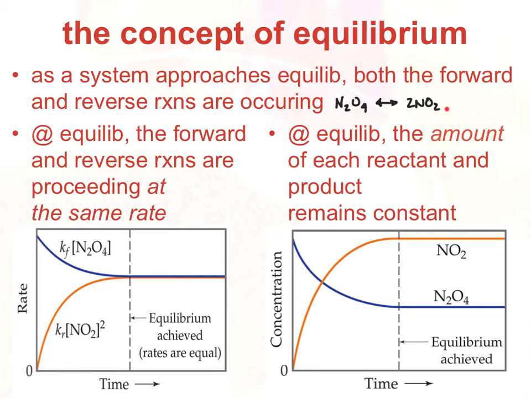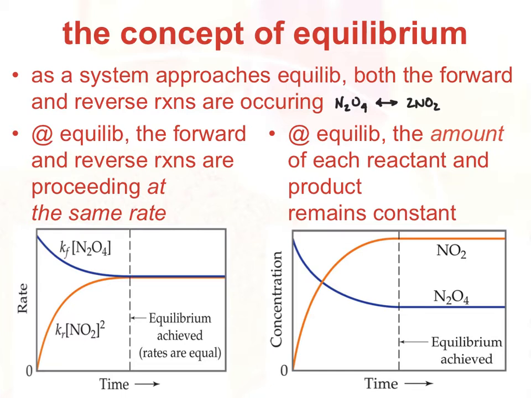Simultaneously, as we start to produce more and more NO2, that reverse reaction starts to occur and its rate begins to increase. Now, we reach a point at which the rate of the forward and the reverse processes are the same. And at that point, we have reached equilibrium.